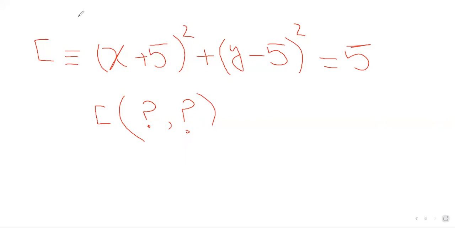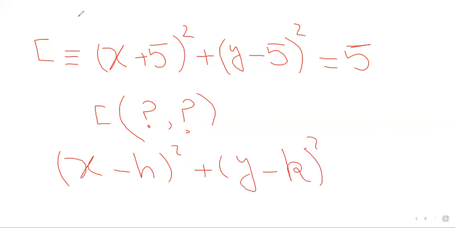So what was the way? That was x minus h whole square plus y minus k whole square equals r square. This is the standard equation. You are just comparing this.